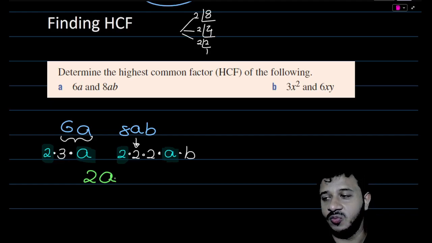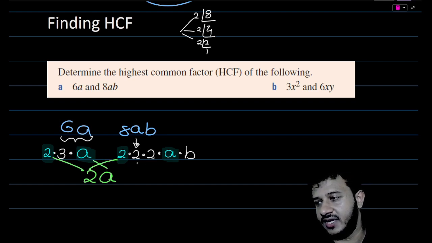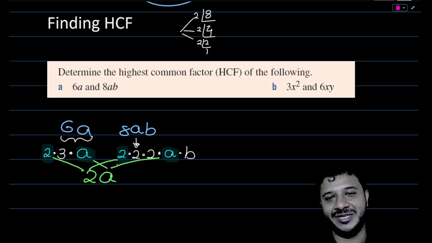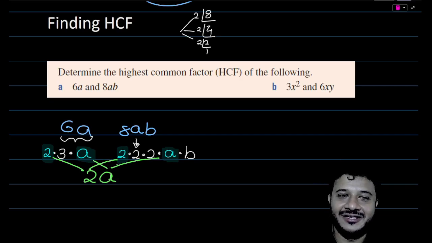What both of them have in common, you write together. The first term contributes a 2a, the second term contributes a 2a, together they become 2a. What are the things they both have in common? That's what we are trying to find.